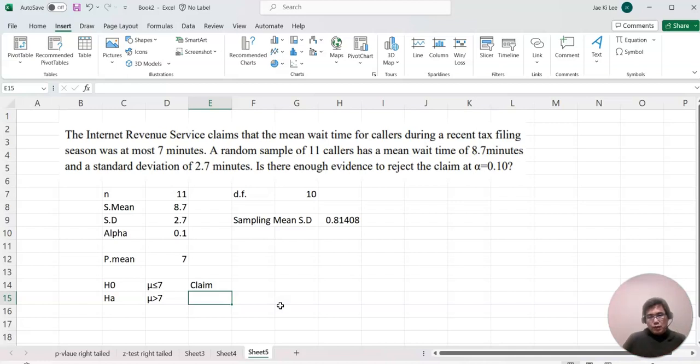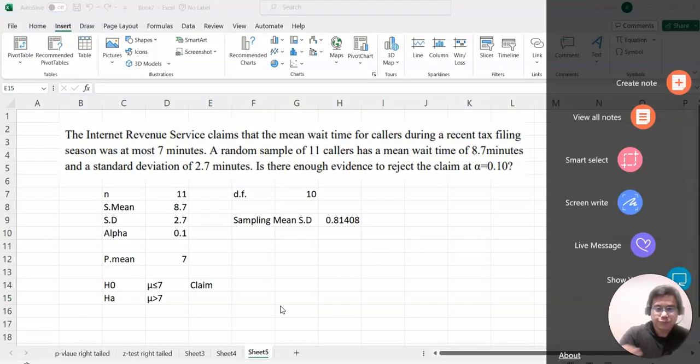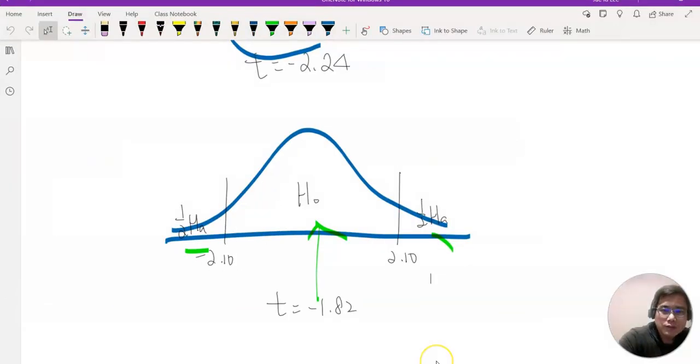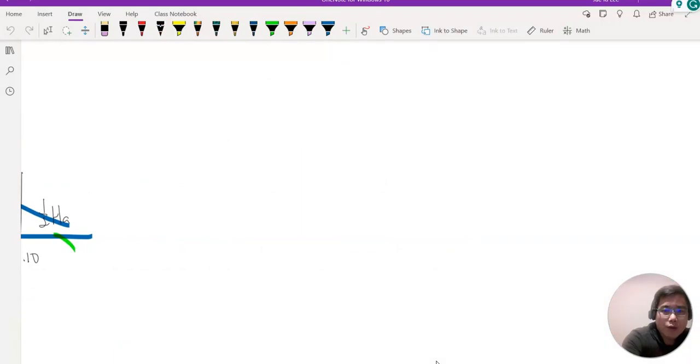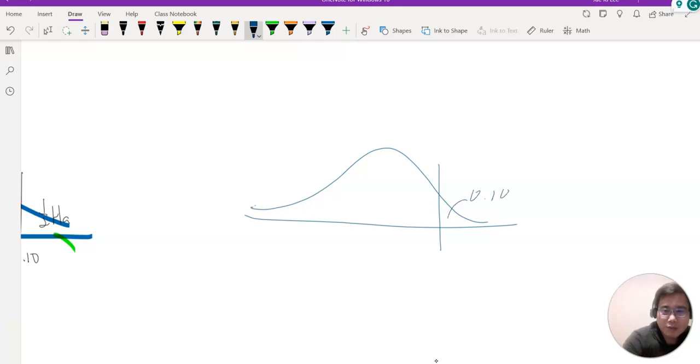Let me draw the normal curve here. Because it's a right tail test, the right side area becomes 0.10 and the left side becomes 0.90. Therefore when you find the t critical value, you need to input 0.90 here.